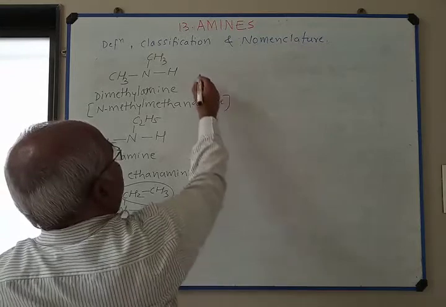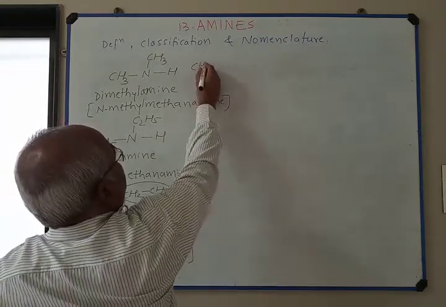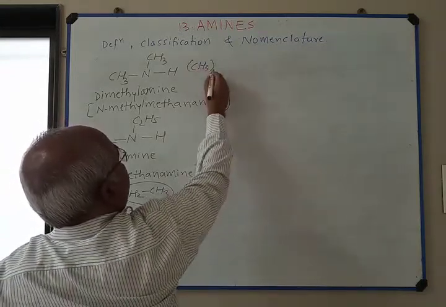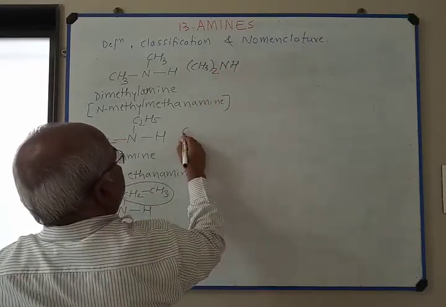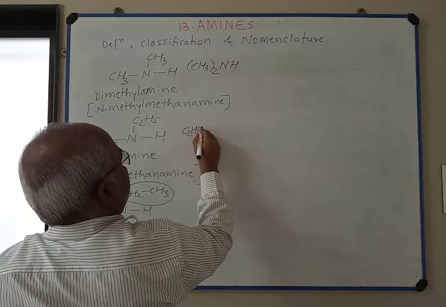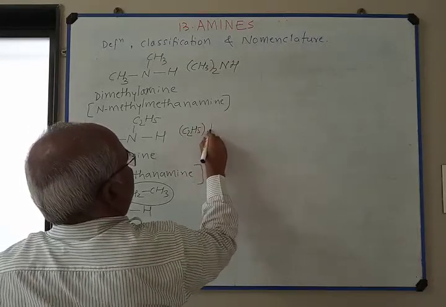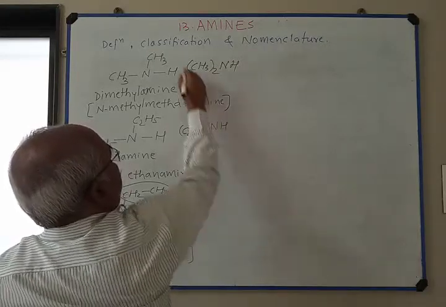This dimethylamine can be also written like this: (CH3)2NH. Diethylamine can also be written like this: (C2H5)2NH.